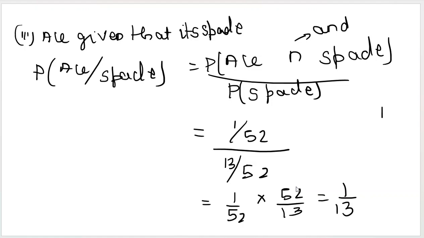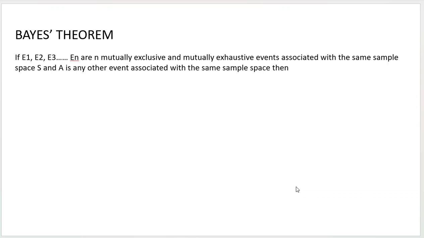Now we go to another way to compute conditional probability in special cases: the Bayes theorem. Bayes theorem says if E1, E2, E3 up to En are n mutually exclusive and mutually exhaustive events associated with the same sample space S, and A is any other event associated with the same sample space, then the probability of event Ei given that A has occurred.